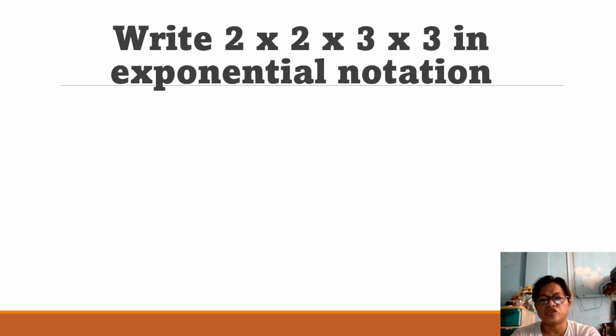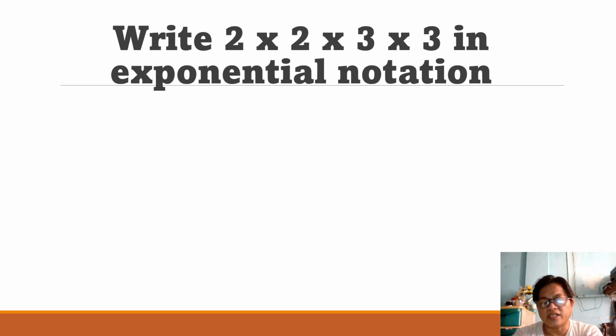2 times 2 times 3 times 3 in exponential notation. Okay, first, write the factor. It's 2. Then, count the number of times it has been multiplied. Okay, very good. So, it is 2 squared.